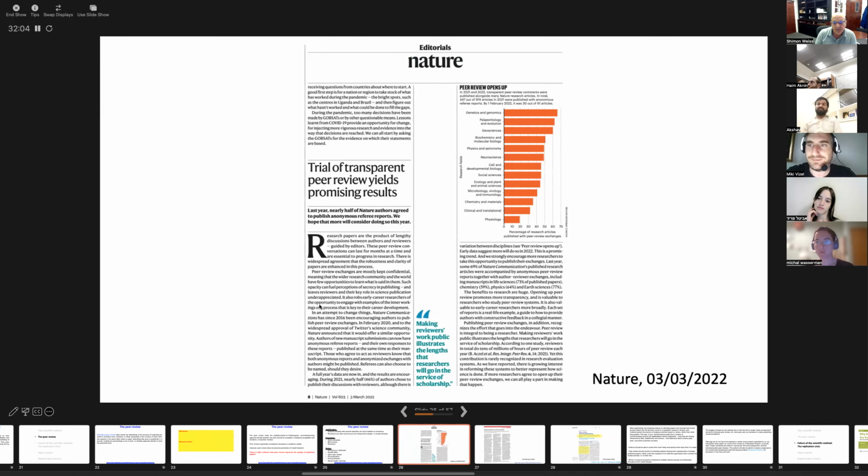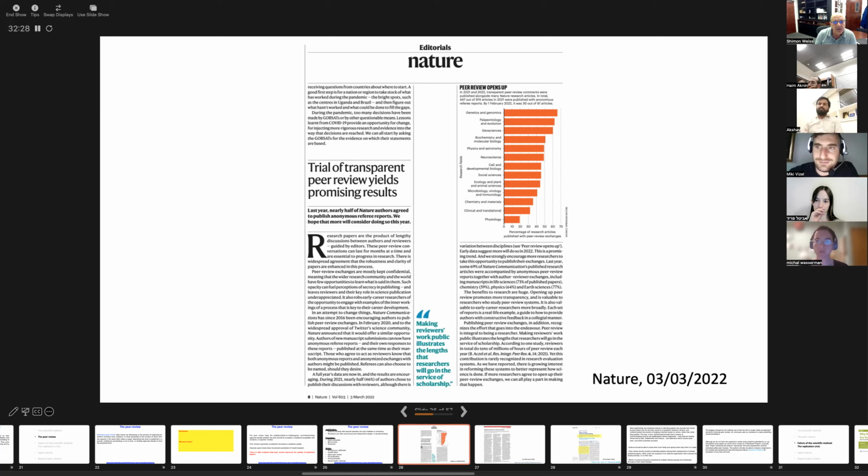Here is an example of an editorial in Nature from March of this year, which talks about a trial of transparent peer review yielding promising results. Because of the crisis that we'll discuss in a second, there is a big movement toward changing the peer review.